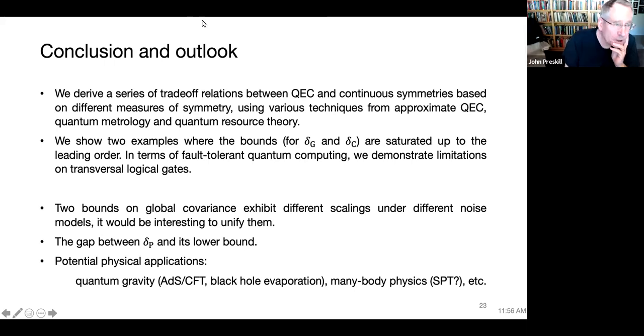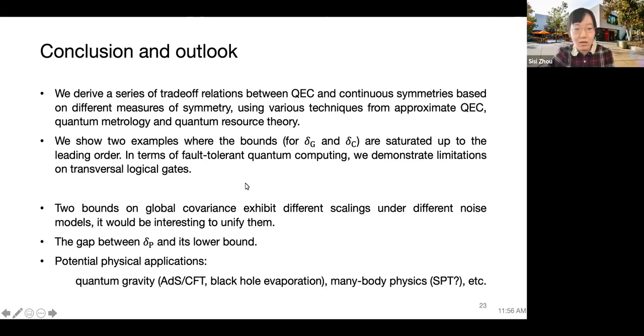You talked about U1. Do you also have results for other groups like SUN? Yeah, no, but we expect that it could be generalized to other groups, because if the symmetry is with respect to, for example, SUD, it definitely is going to have the U1 symmetry as well.